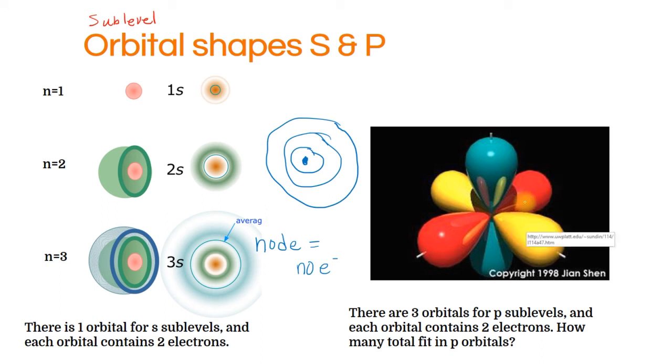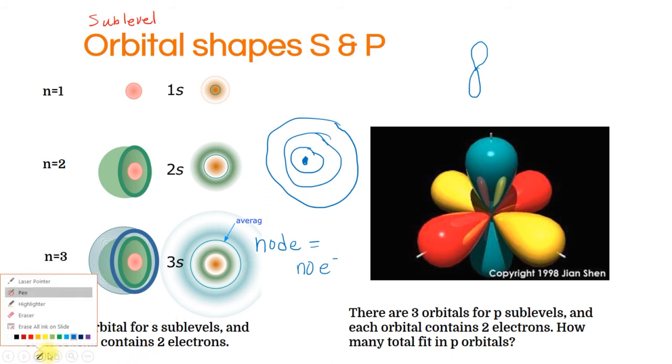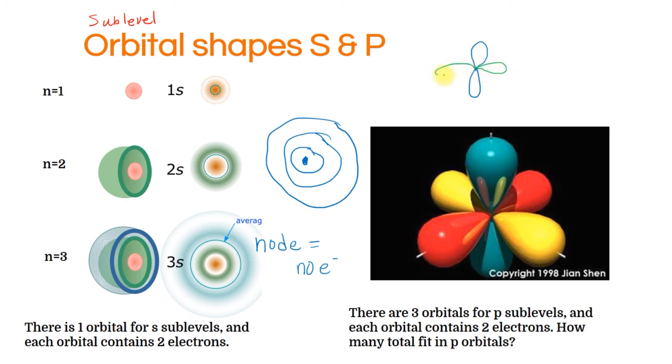Okay, so the p orbitals look like this, sort of like little bow ties. One p orbital is this green one, so we can draw a version of that ourselves. And there's 3 p orbitals in total. One of them goes up and down, the other one goes to the right and the left.